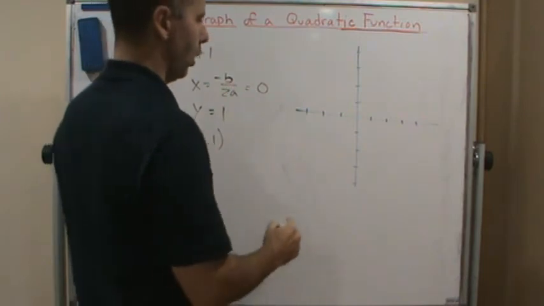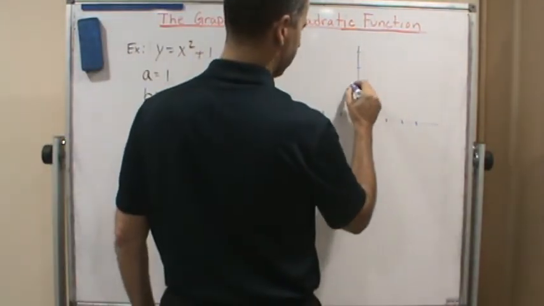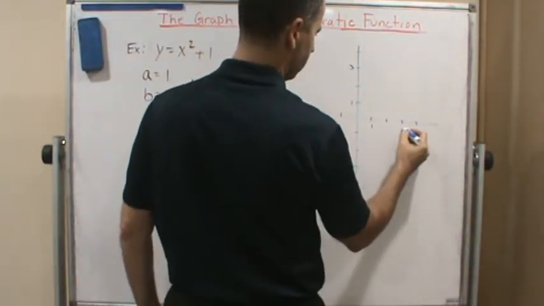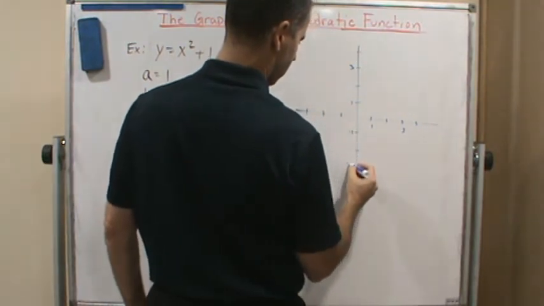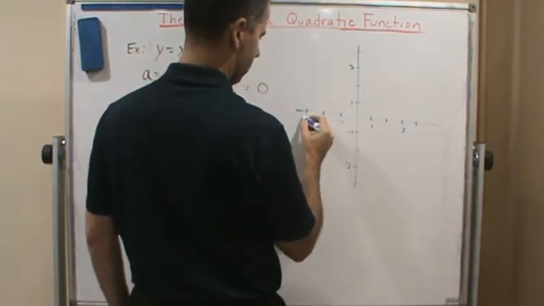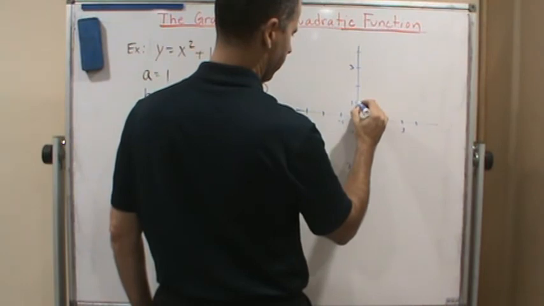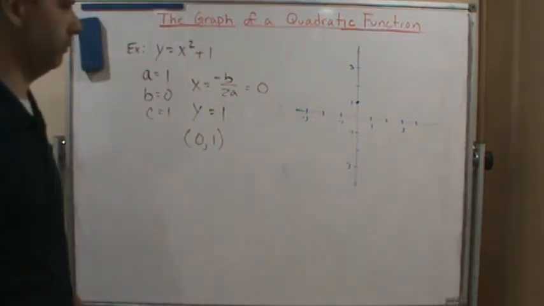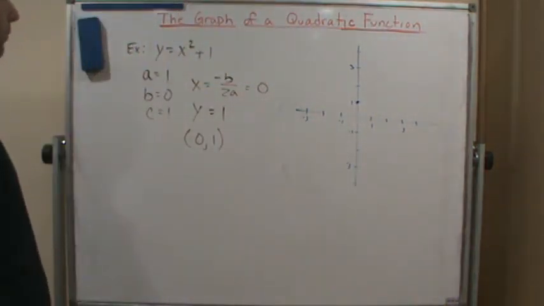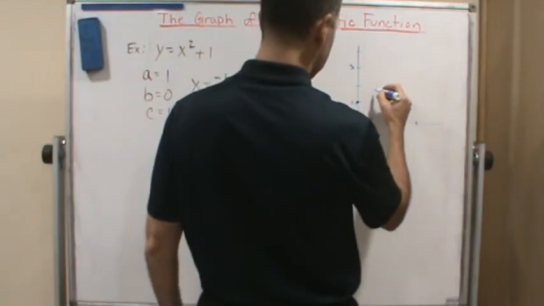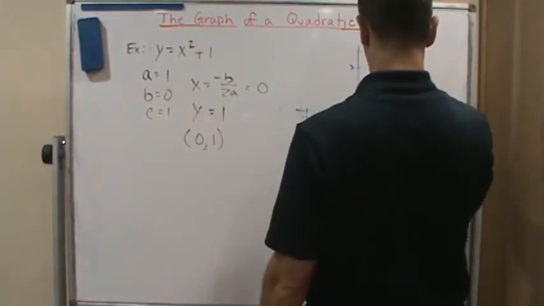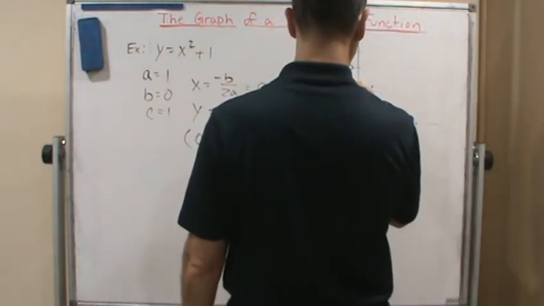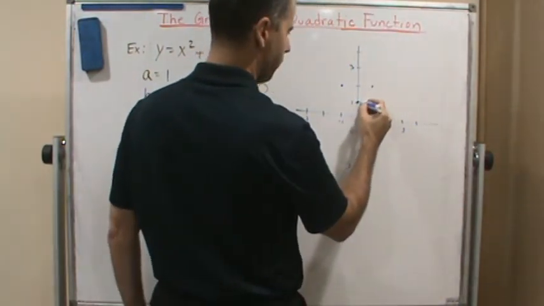Okay, so we're at (0, 1), and it opens upward, so it's going to go through (1, 2) and (-1, 2).